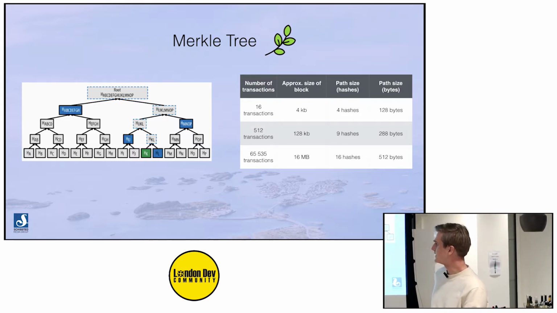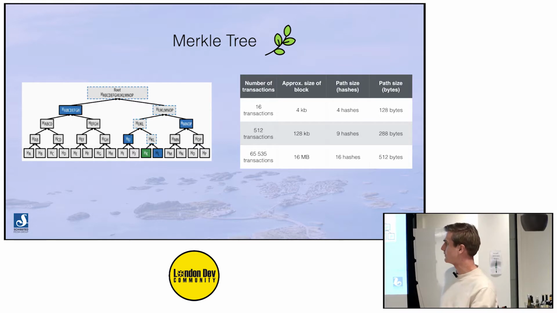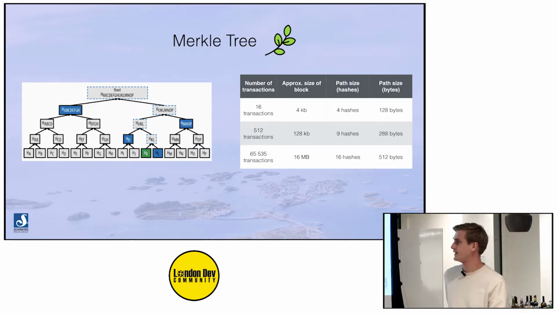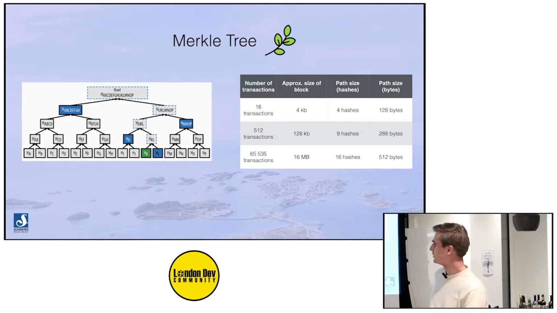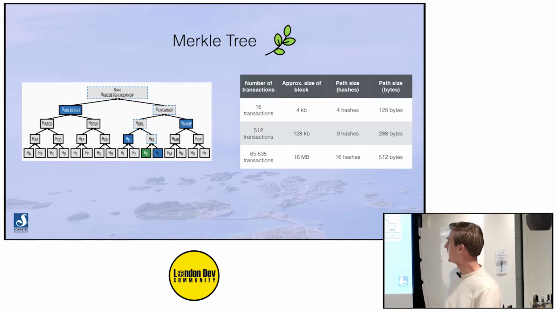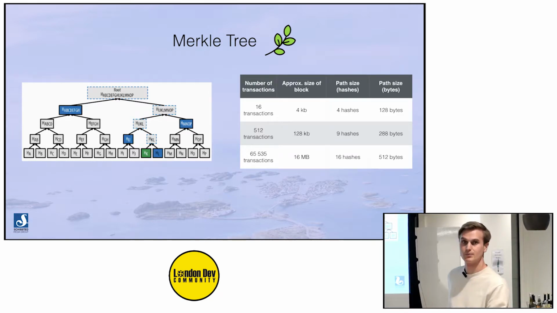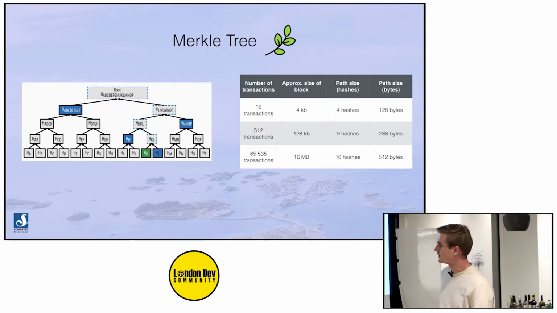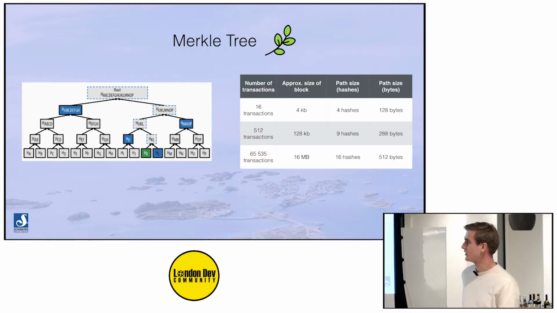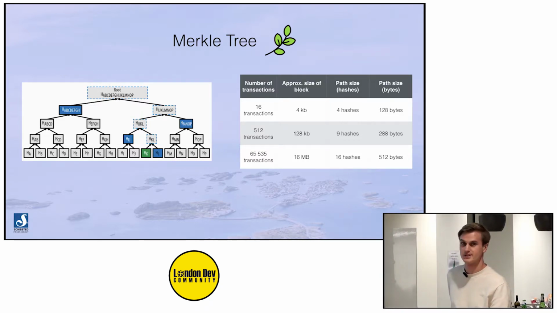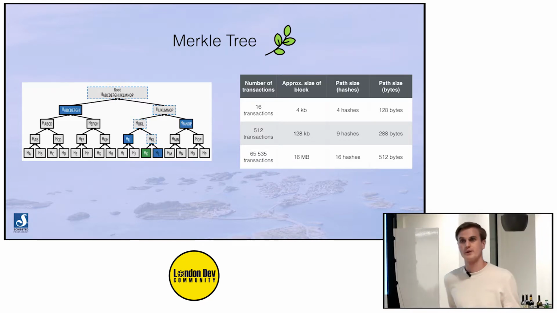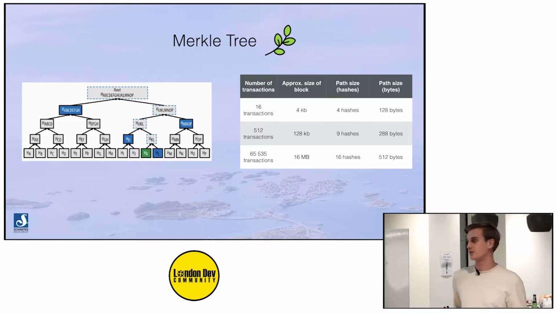So if we went from 16 to 65,000 transactions in the Merkle tree, you need 16 hashes to confirm that a transaction in the bottom section is included. And that is 512 bytes, which is not that much more than what we had for 16 transactions. So this gives you a very effective way of confirming whether a transaction was valid or not.